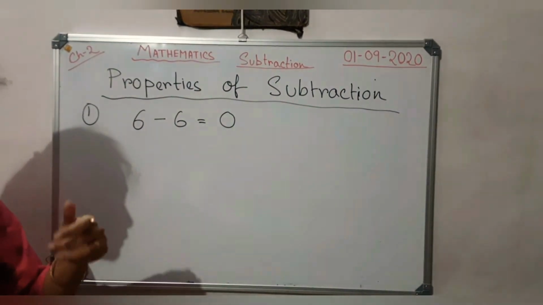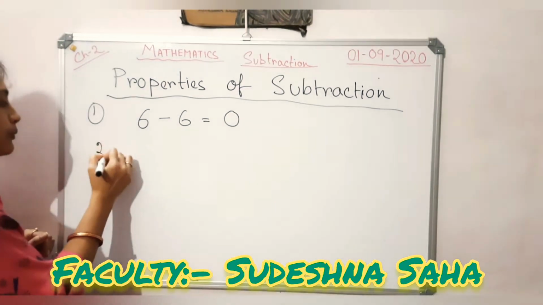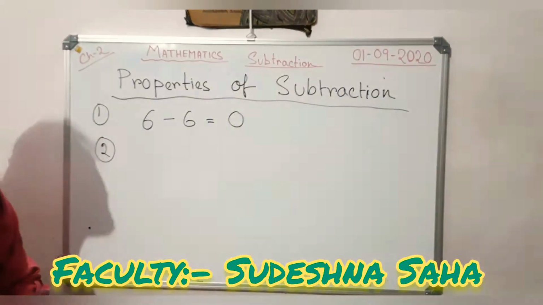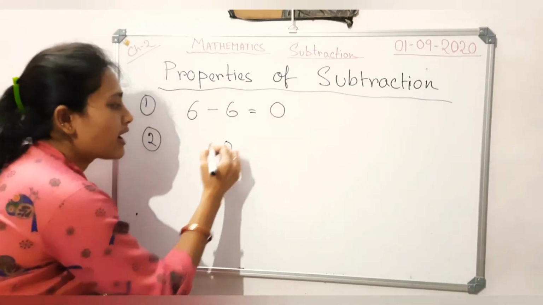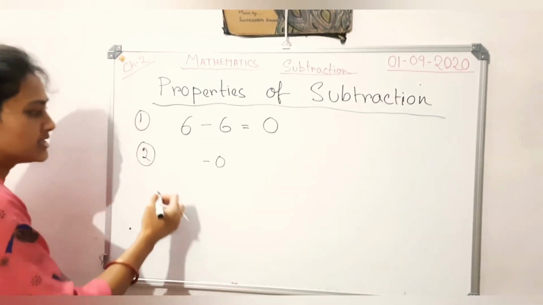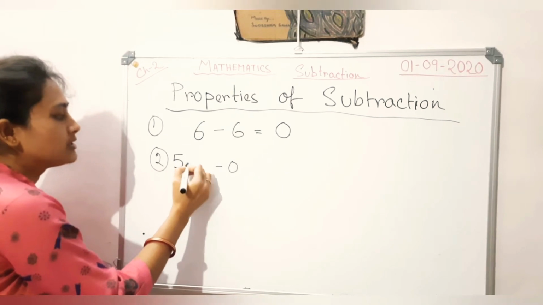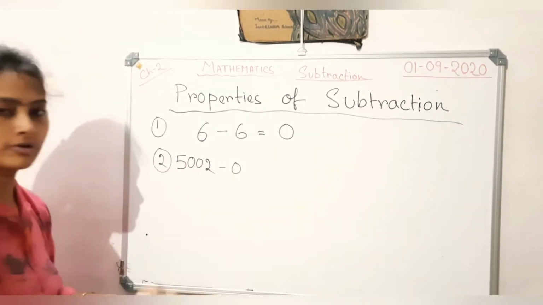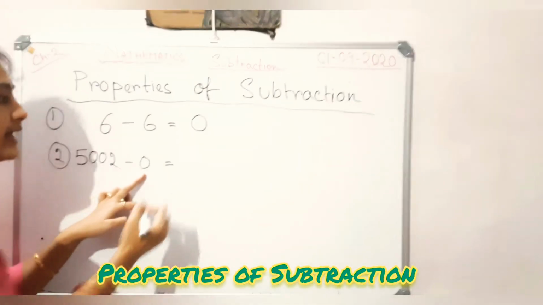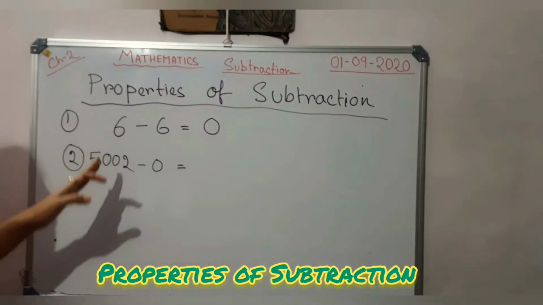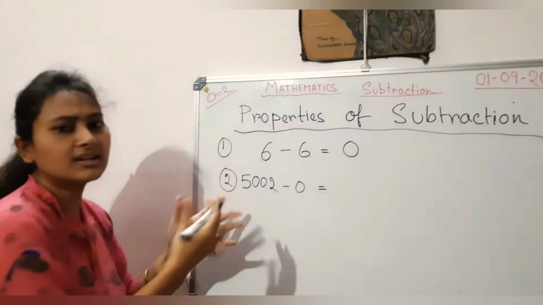Now, property number 2. If I subtract 0 from any number. Suppose I am taking 5002. From this number I have to subtract 0. So what will I get as my difference? The number itself. 0 means nothing.